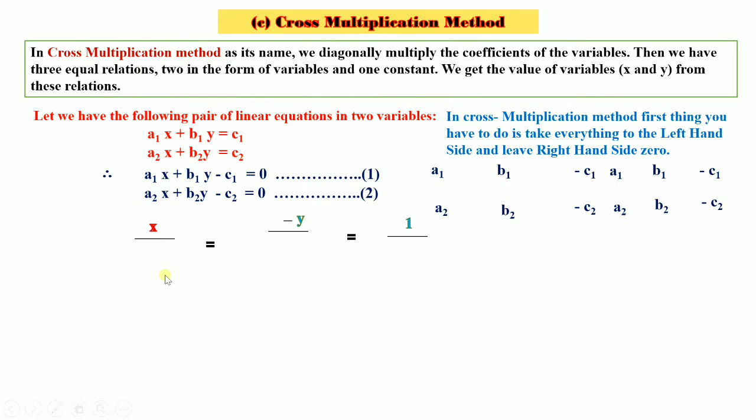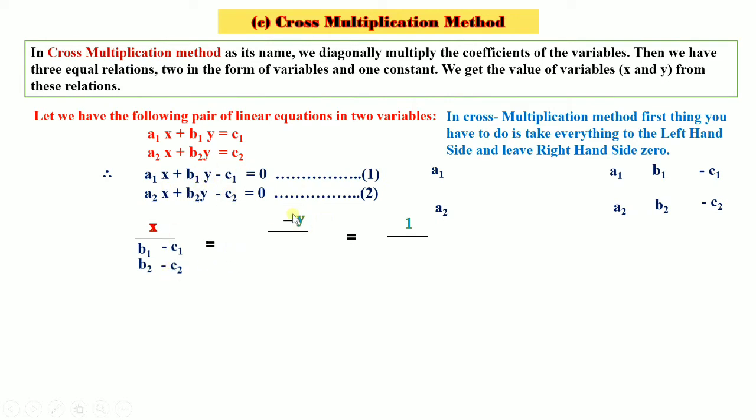Just like here b1, then b2, the coefficients of y, and then minus c1, minus c2. So you understood now, when we are talking about x, we will never take the coefficients of x. So when we are writing x, then the coefficients of y and the constant will be taken.